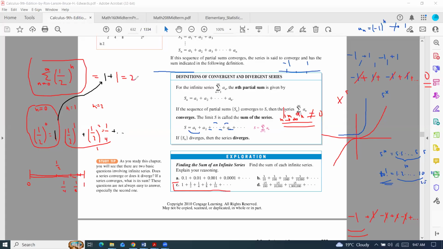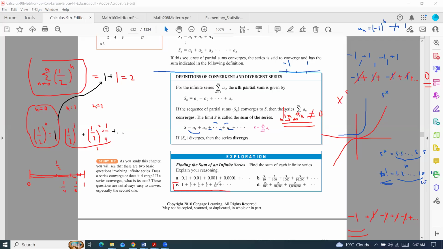So next time I will actually discuss the formula for the so-called geometric series. That'd be very popular when you see geometric series. Your terms are produced by multiplying by the same number, 1/2, again and again and again. That's called a geometric series.